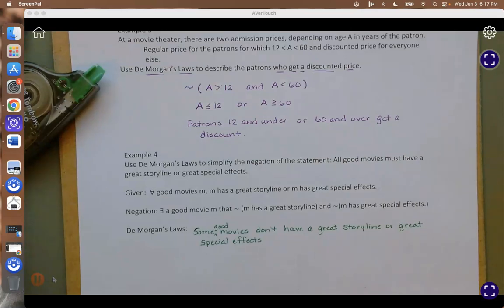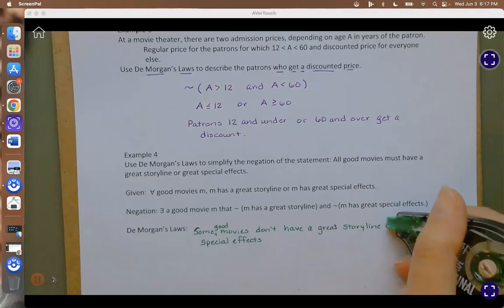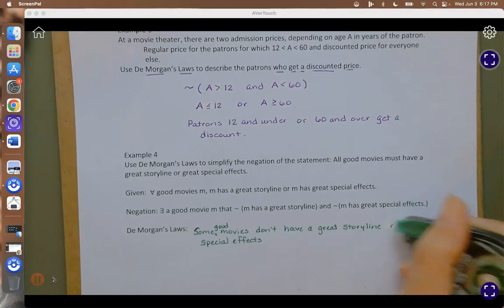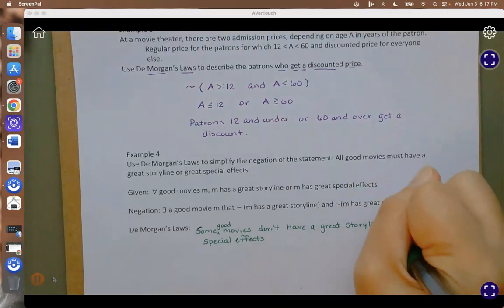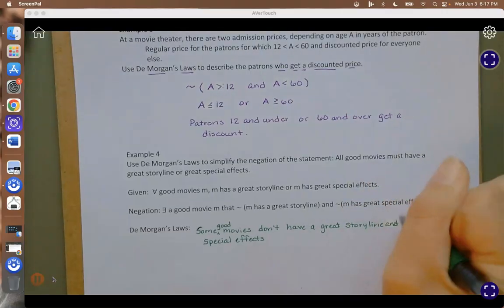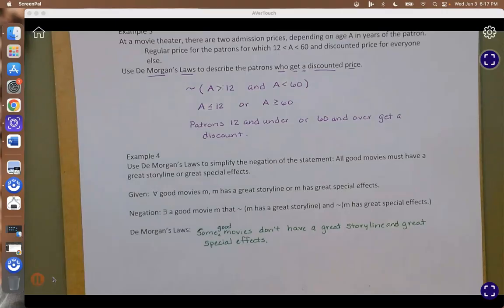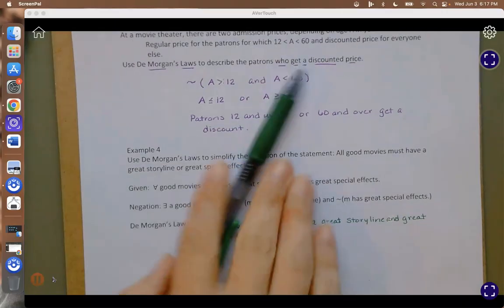Oh, and great special effects. I'm looking at the wrong word. Okay. Some good movies don't have great storyline and great special effects. All right. And that's it for today. Thank you, guys.